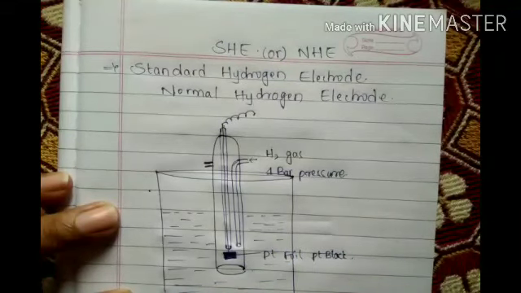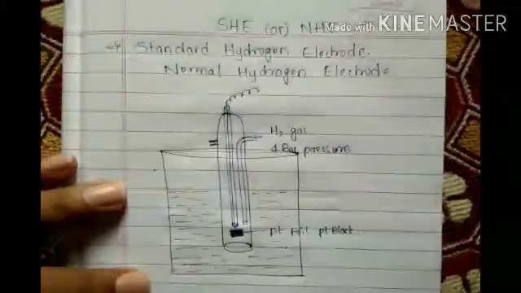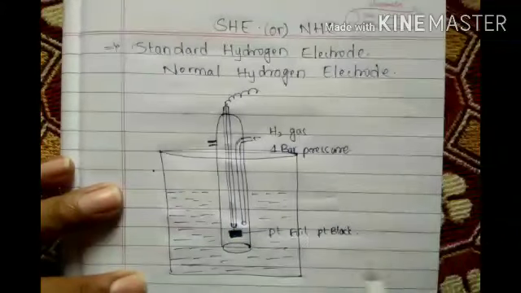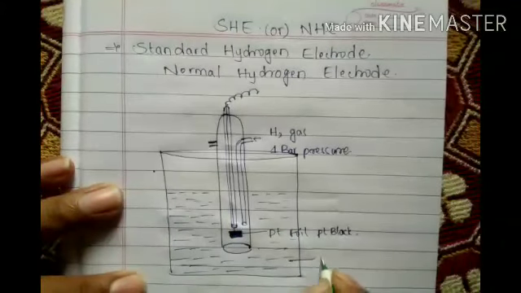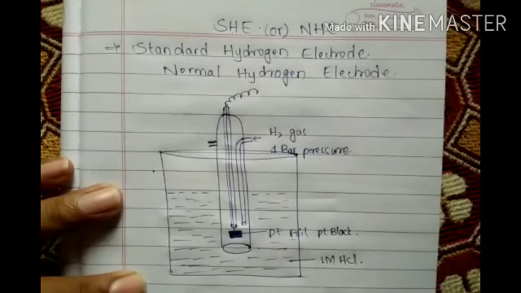If it falls on our skin, it is that dangerous. But this is made of glass, so nothing will happen. It is 1 M HCl, 1 molarity HCl we are taking.